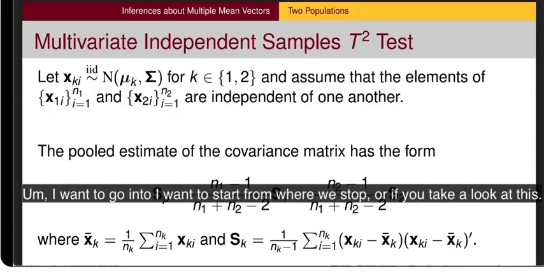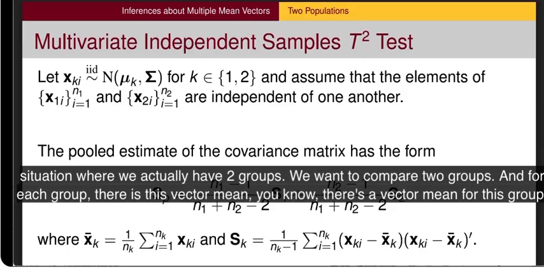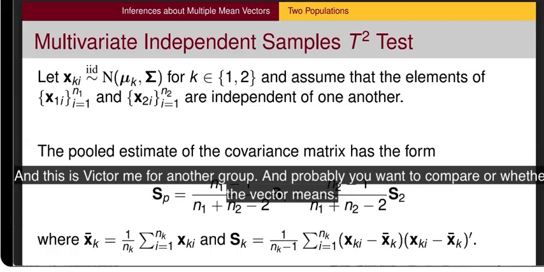I want to start from where we stopped. If you take a look at this situation where we have two groups and we want to compare them, for each group there is a vector mean. There's a vector mean for this group, and a vector mean for another group.